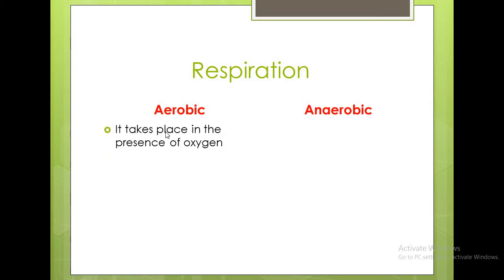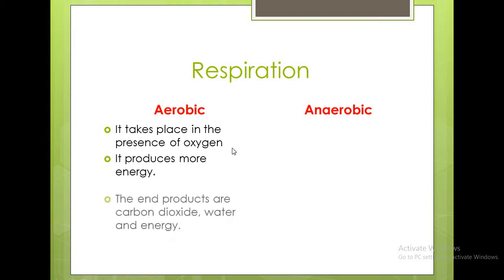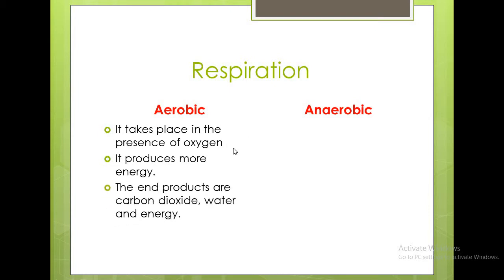Aerobic respiration takes place in the presence of air, mainly oxygen, and it produces more energy. Even humans, we all take part in aerobic respiration, right? And the end products are carbon dioxide, water, and energy. So it takes place in most organisms.